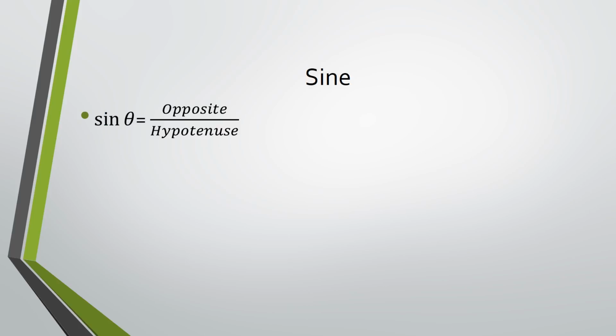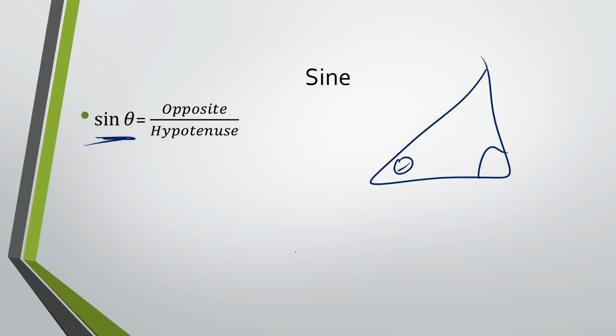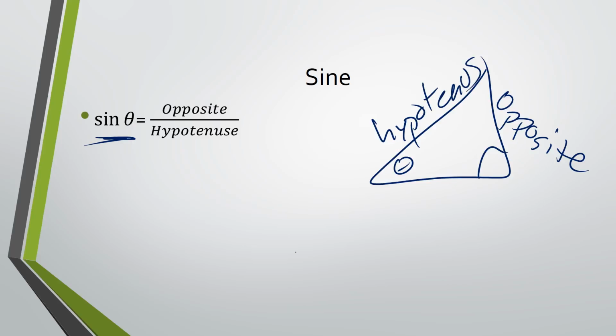So you have a theta, which is going to be your angle, and it's always going to be the opposite side over the hypotenuse. So it's always going to have whatever value is on the opposite leg over the hypotenuse.